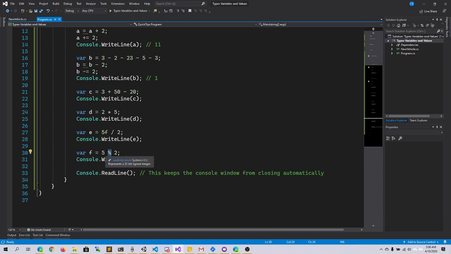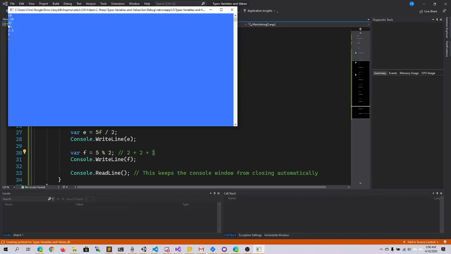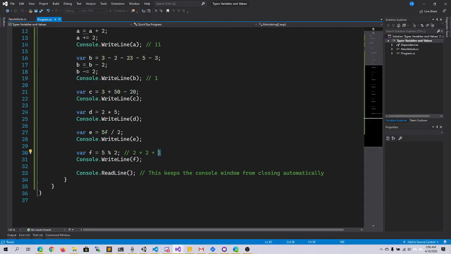Right? 5 divided by 2, the whole number result is 2, and the remainder is 1, because 2 goes into 5 twice, and then one more. Which obviously is not, 2 cannot go into 1. So that's why we end up with a value of 1. Modulo returns the remainder.